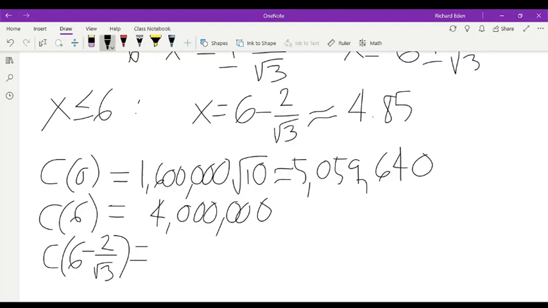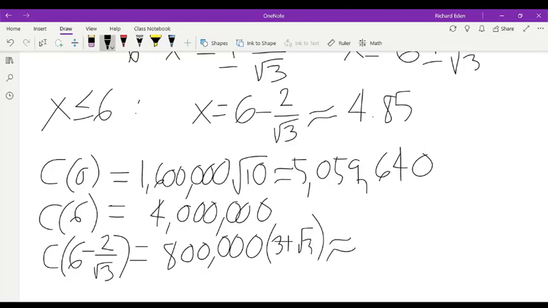And then C at our surviving critical number is 8, and 5 zeros, but with 3 plus the square root of 3, a bit nasty, approximated to the nearest integer, 3,785,640.